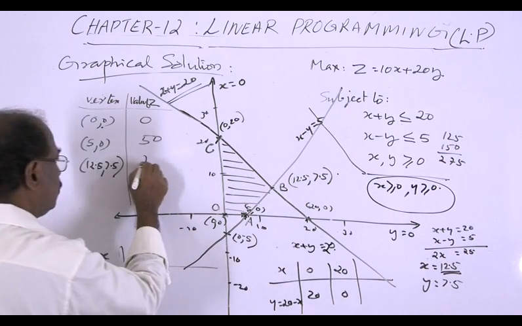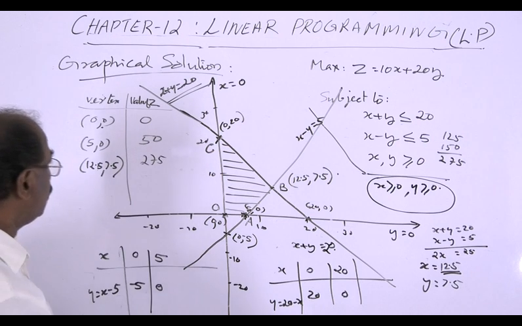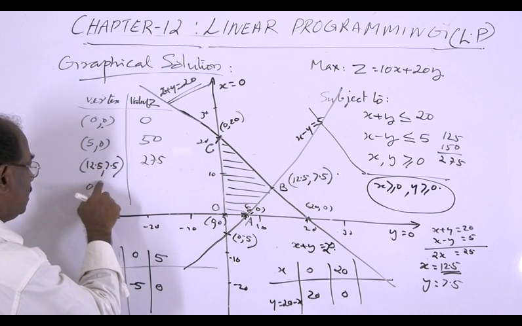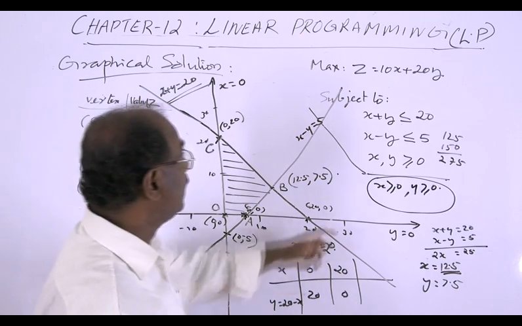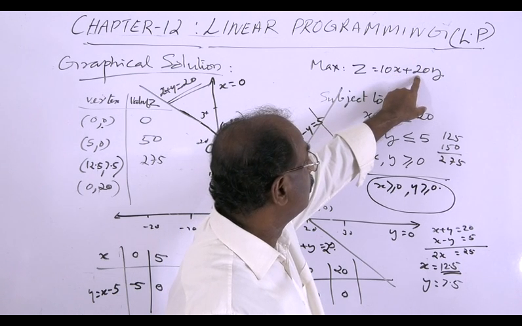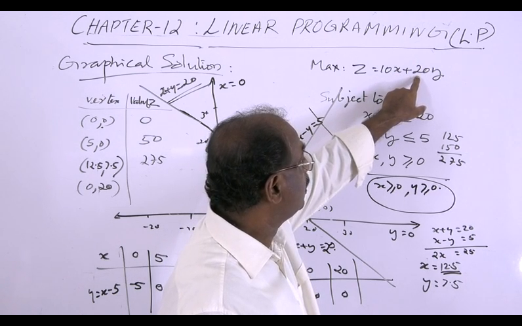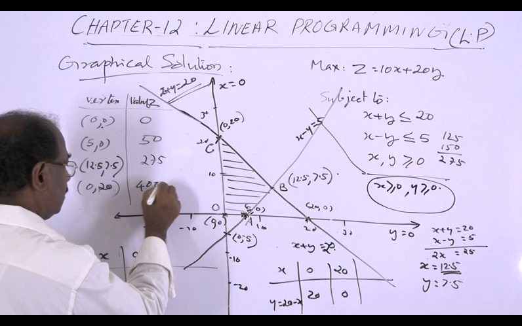So this is 275. And at 0, 20, 20 into 20 is 400.